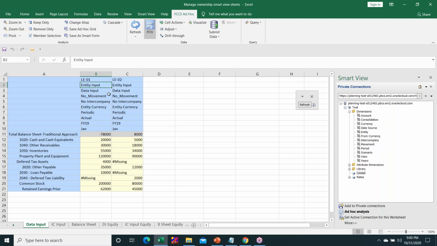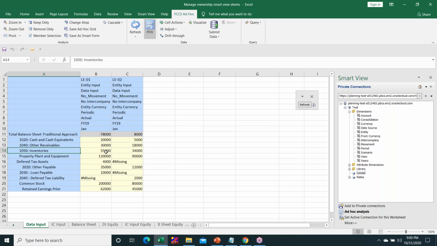And I have chosen the consolidation member, that is entity input. So on this intersection only you will find the option of inputting the number into your application. And all these accounts are the base level, the child. So you will find the option of inputting the number only once you have taken the child member of the accounts.